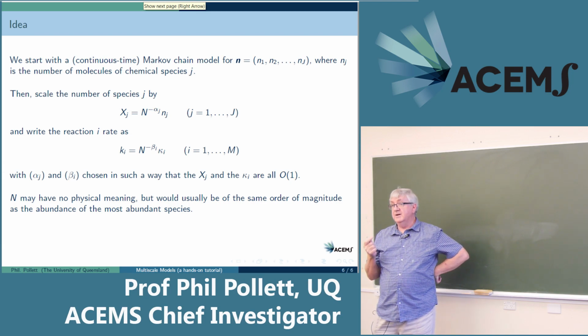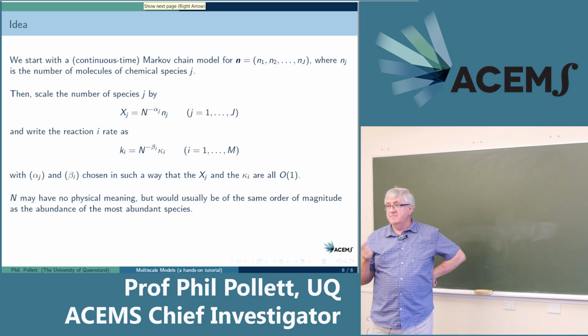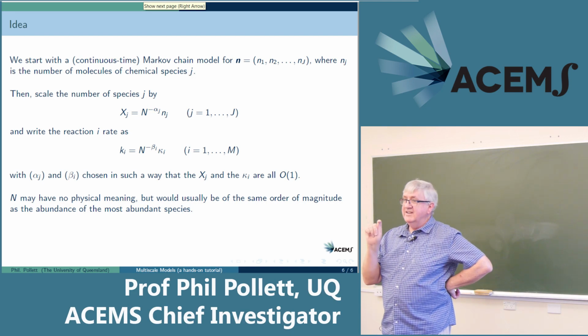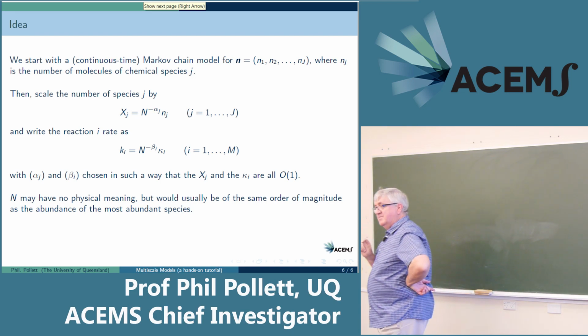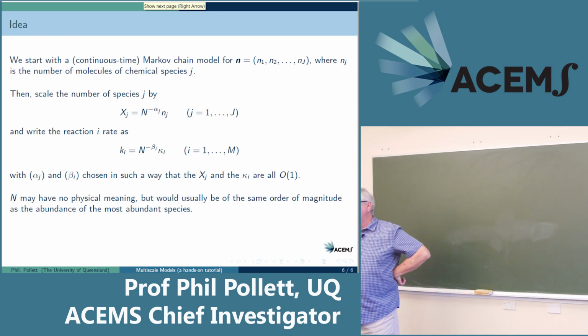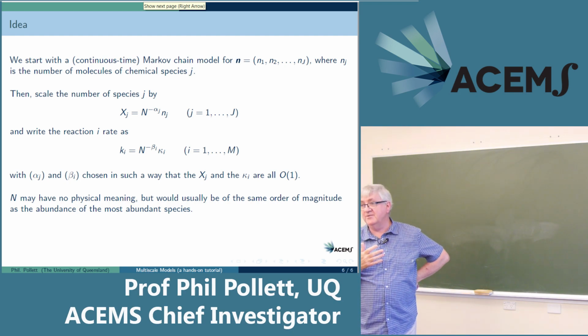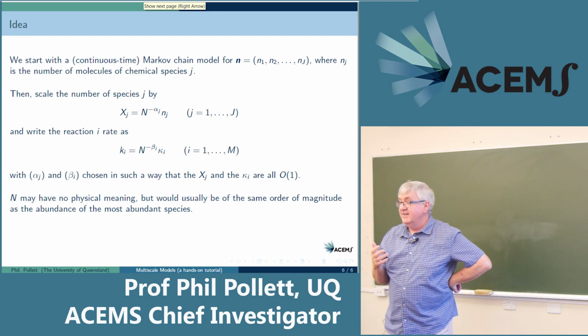And so nj is the number of molecules of chemical species j. I might add here that j is finite. j could very well be infinite outside this context, in other biological models, so we might consider countably many types of species.